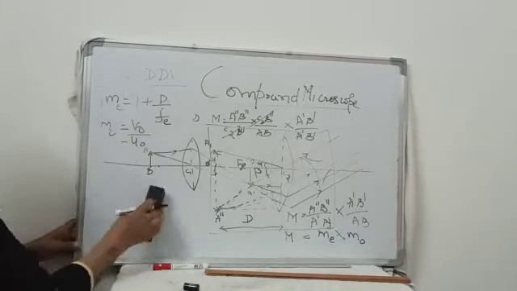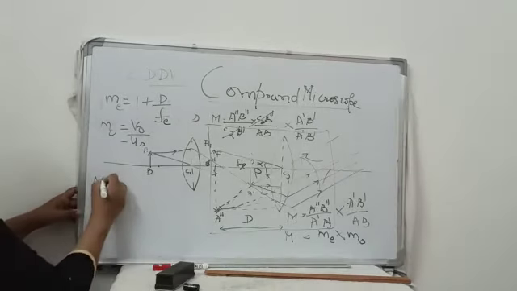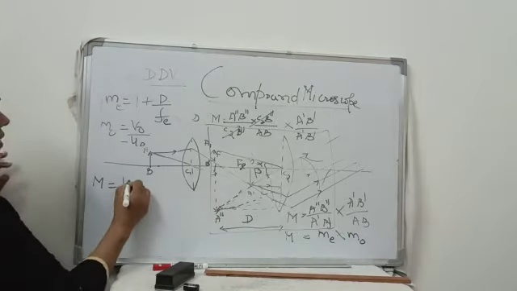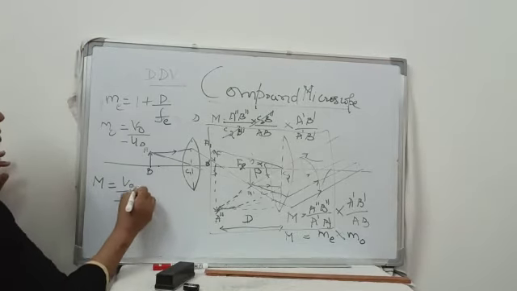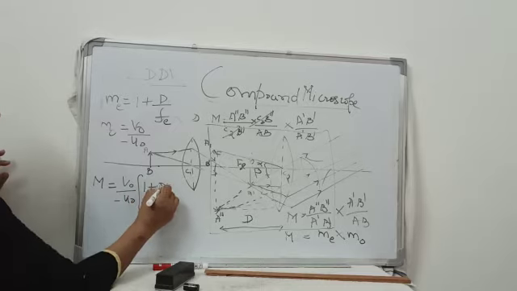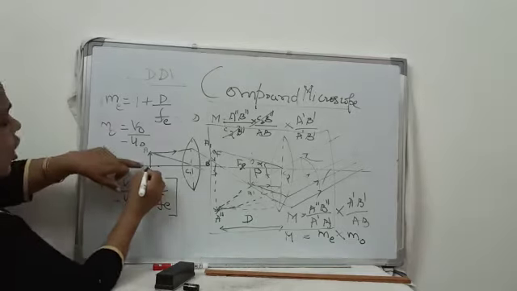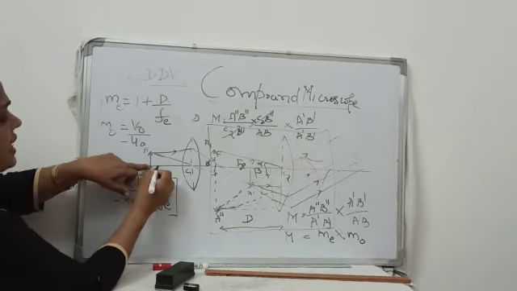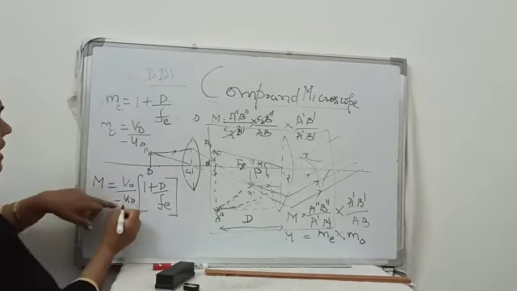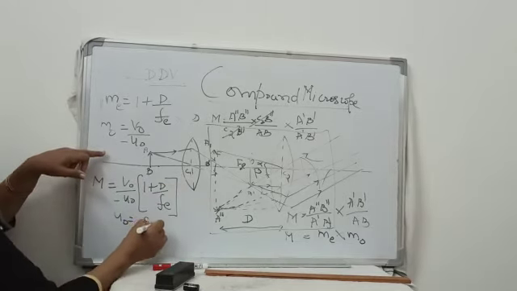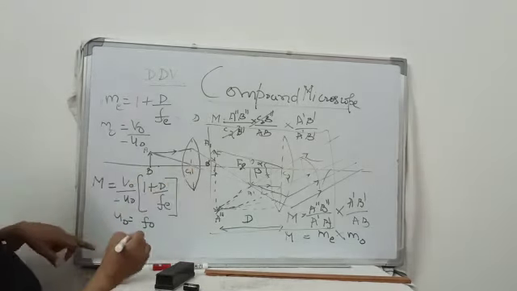So the final expression for magnification when the final image is formed at LDDV will be V0 by minus U0 into 1 plus D by FE. But since the object, see, this is the focus, since the object is placed close to the focus, this U0 can also be written as F0, focal length of the objective lens.